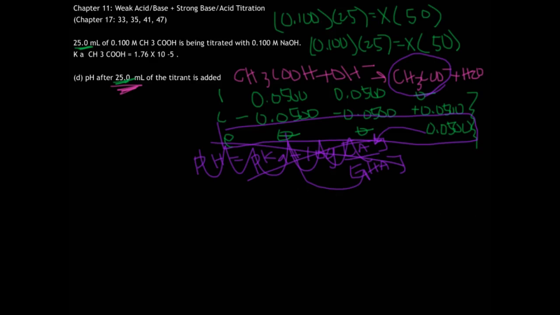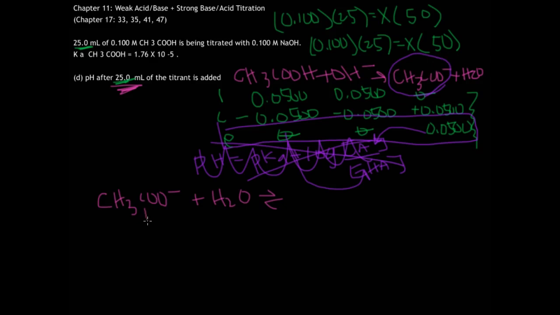So here's what happens. We take the salt, which is present with water, and remember this salt came from a weak acid, so I'm going to do this to equilibrium, okay? This guy, weak acid, so this is a conjugate base.